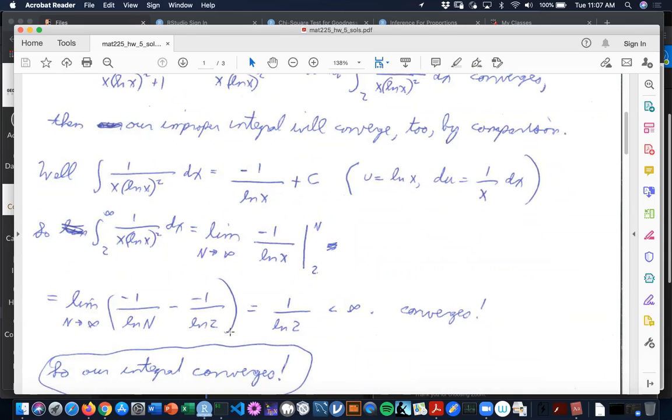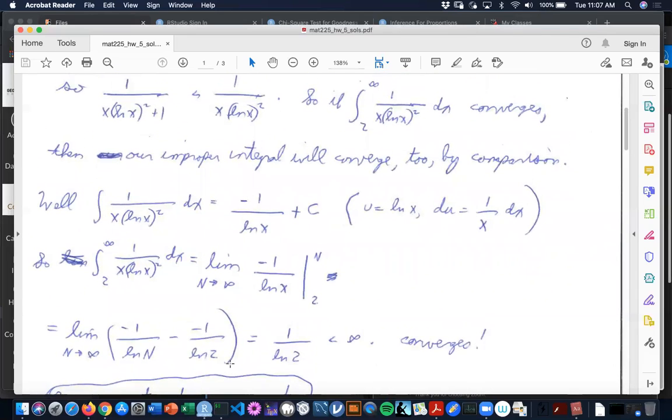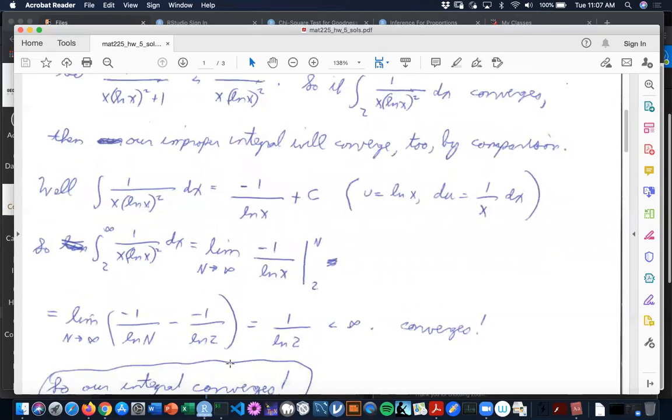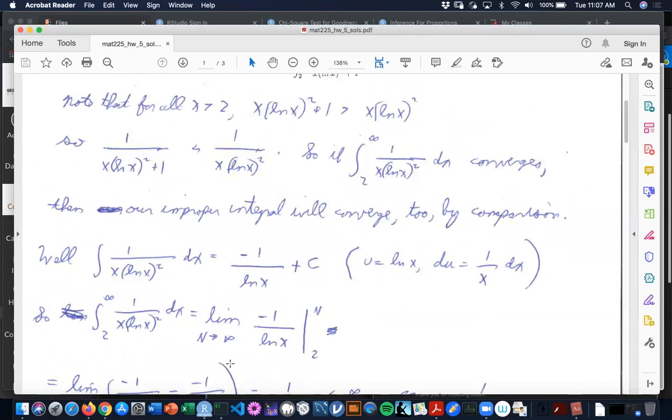And because log of n goes to infinity, ultimately the limit comes out to 1 over log of 2, which is finite. So our improper integral, being the area under a smaller curve, also has to be finite. And so our integral converges. So this is the key.